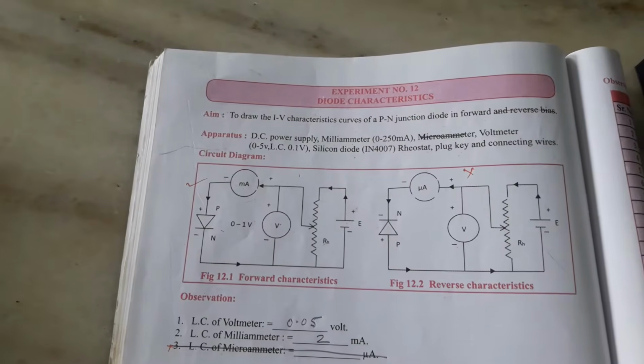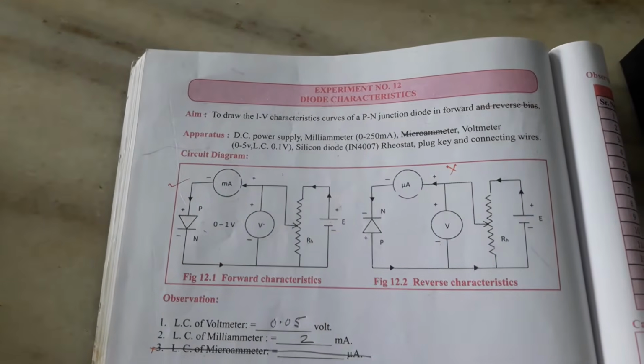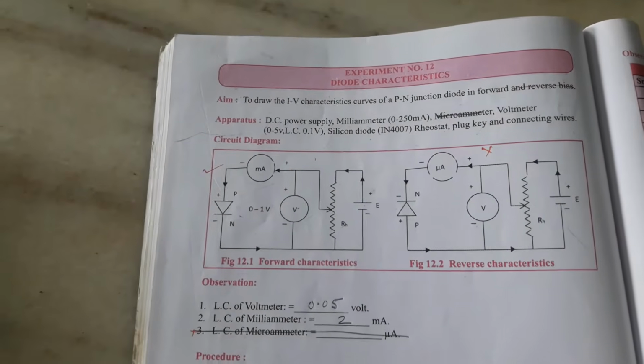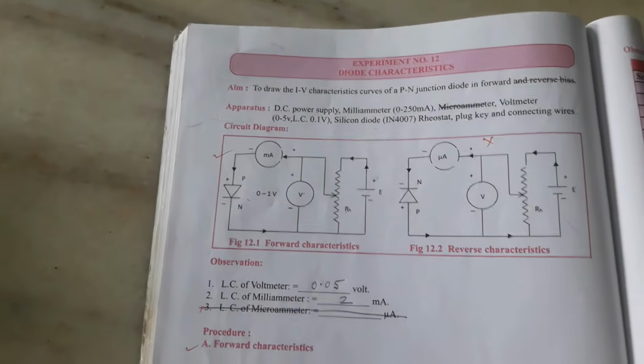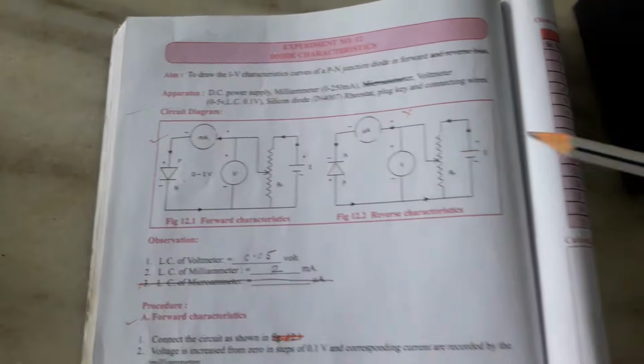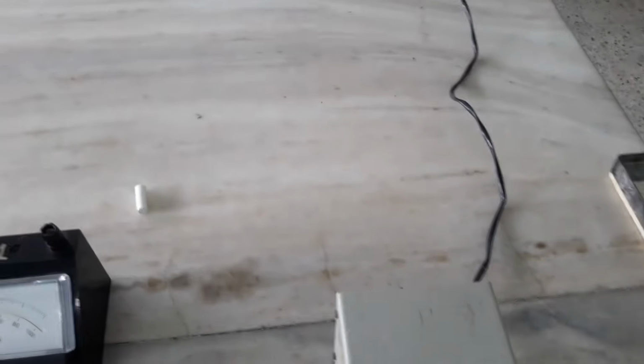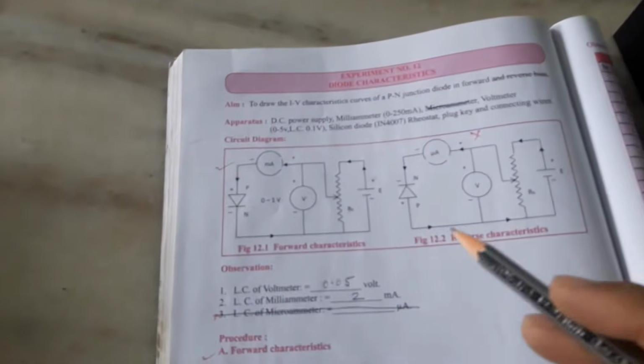Now we'll go for connection. While doing the connection, we'll place the apparatus as shown in the diagram. This is my battery, so I kept my battery here. Then my diagram says after the battery, the rheostat. So after the battery I placed the rheostat.